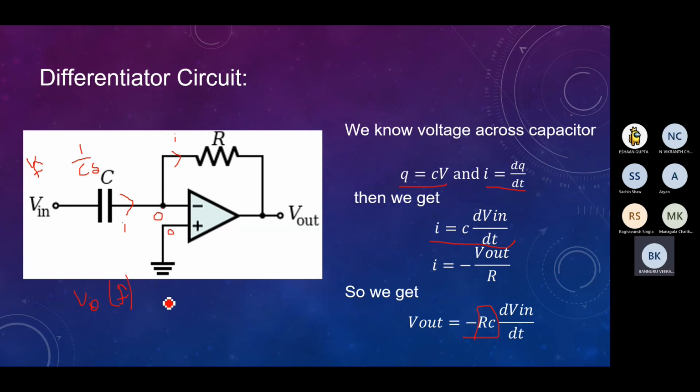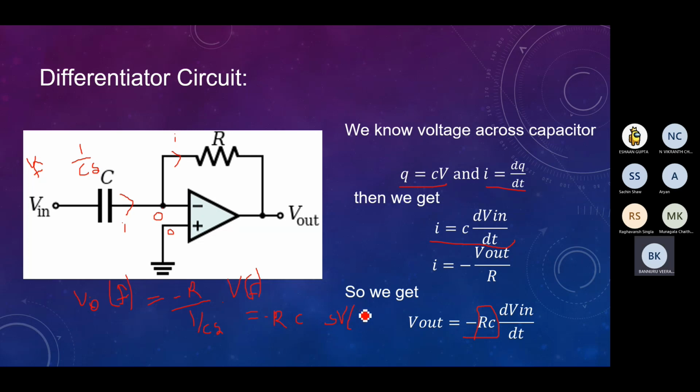V out of F is nothing but, as we know, minus RF by Rin, where Rin is nothing but 1 by CS, into V in of F. If we solve this, we get minus RC times S into V of F.